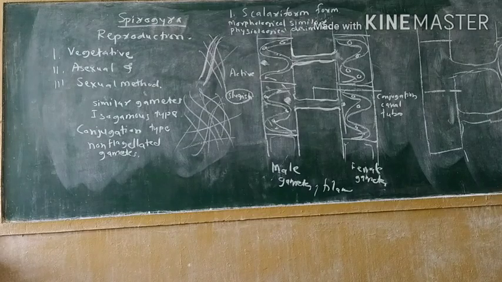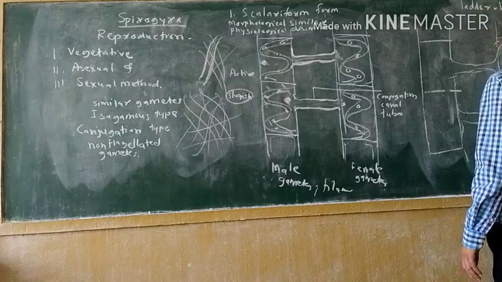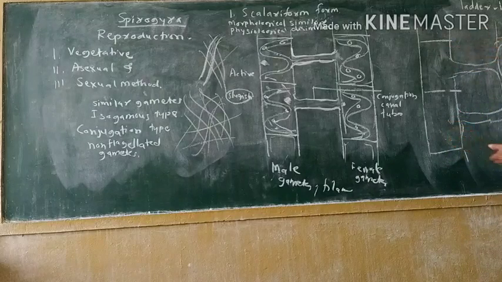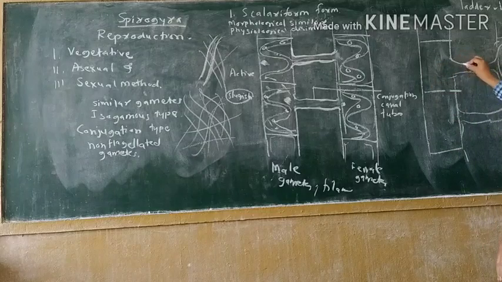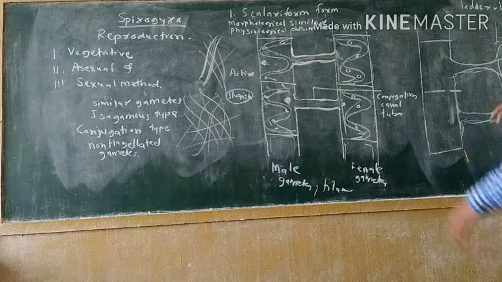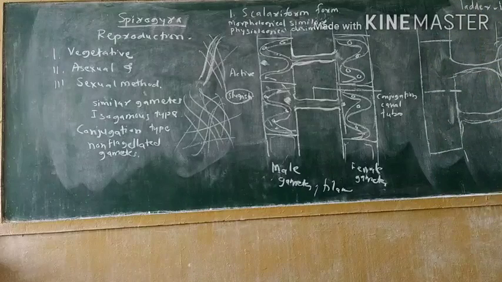The zygospore formation takes place by the scalariform method. Scalariform is nothing but a ladder-like structure. The conjugation forms a ladder-like structure, because the long filaments are joined by these conjugation tubes.